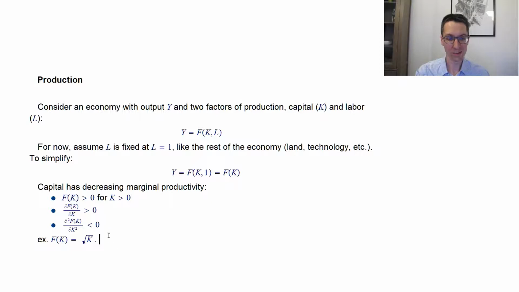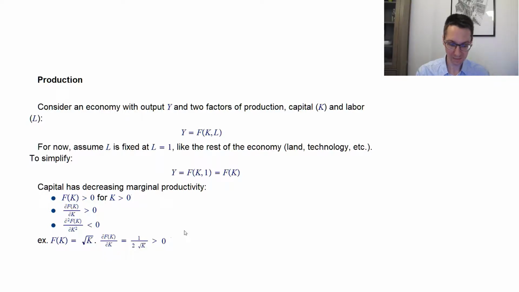So if you remember how you derive, df of k over dk equals 1 over 2 root k, which is indeed positive for any positive value of capital. We don't consider negative values of capital, of course, because it's only a positive quantity.